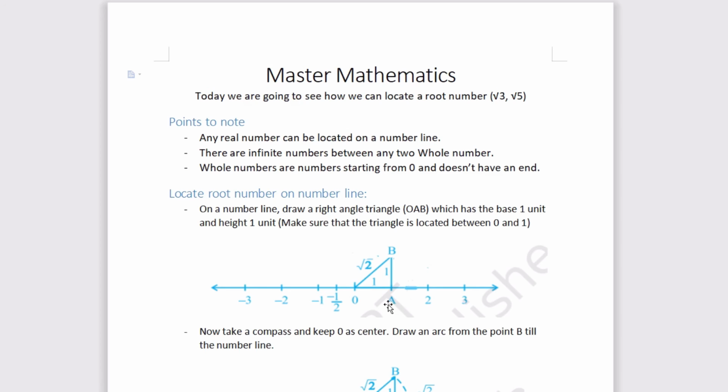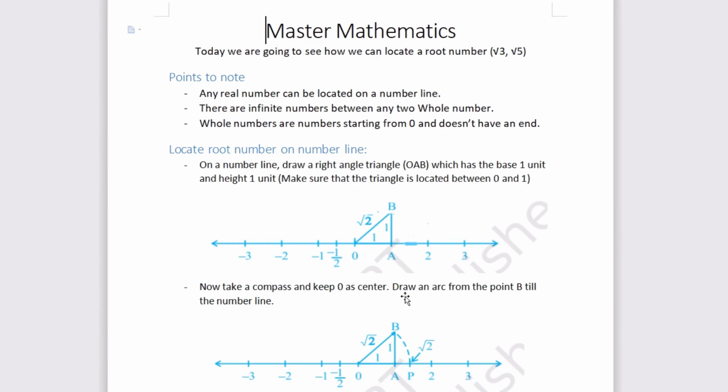So 0 to 1 is 1 unit, so the base should be 1 unit and the height should be the same, 1 unit. According to Pythagoras theorem, 1 unit base and 1 unit height will give us root 2 units hypotenuse, so now we can locate our root 2 on the number line.